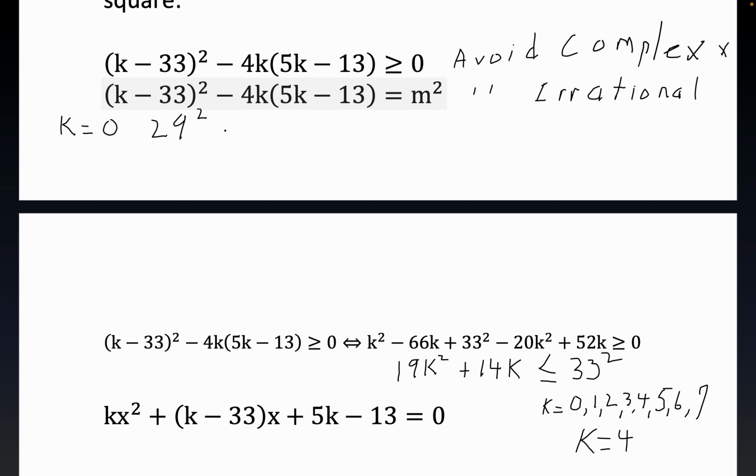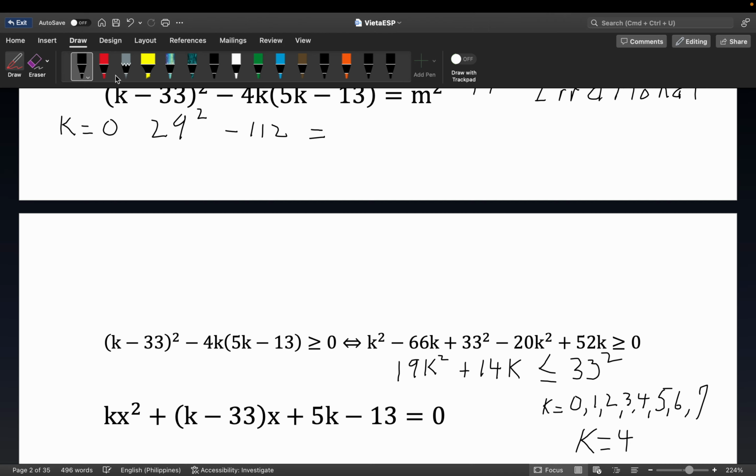And minus 4 times 4 is 16, and then 16 times 7 is 112. If you put a 4 right here, that's 16. You put a 4 here, that's 20. 16 times 7 is 112. Whoops, this is k equals 4, sorry, folks.